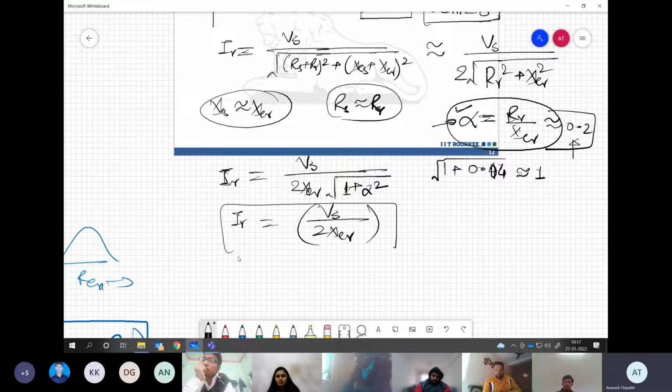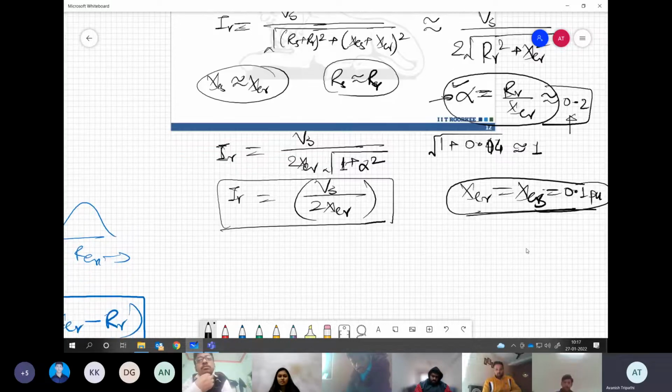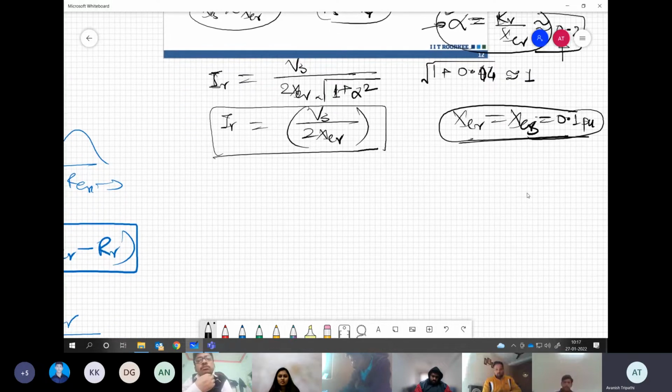Now for any typical induction motor, we know that the leakage inductances are something like 10% of the motor rating. So 0.1 per unit is the typical value for the leakage reactances. This is in general true for many of the induction motors. So what we have basically is IR turning out to be Vs by 0.2, so let us take the per unit value of this directly.